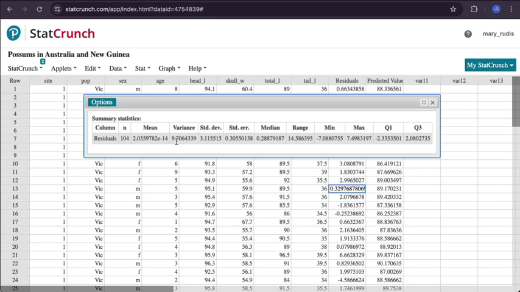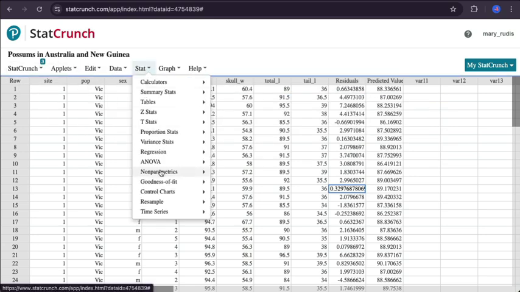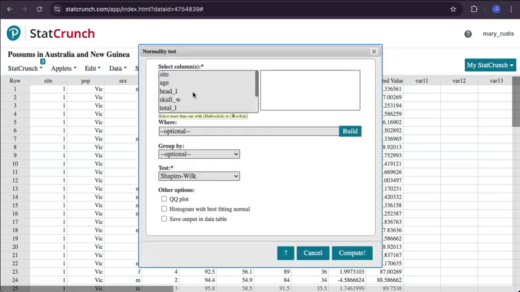And it also is an indication that it might in fact be normally distributed. We can actually do a goodness of fit, a normality test on the residuals themselves, and look at the QQ plot and the histogram as well.